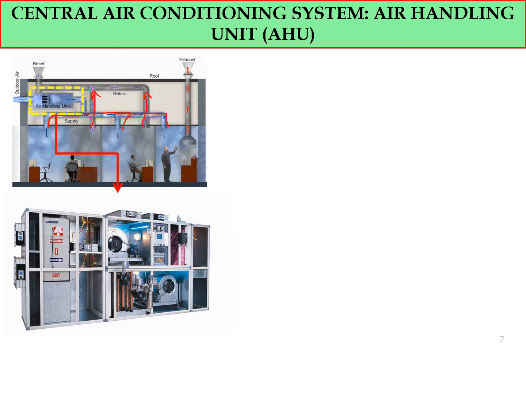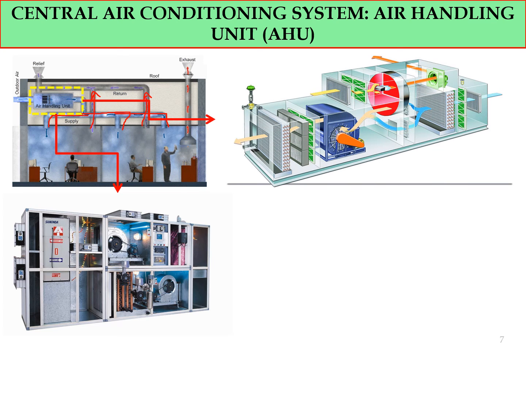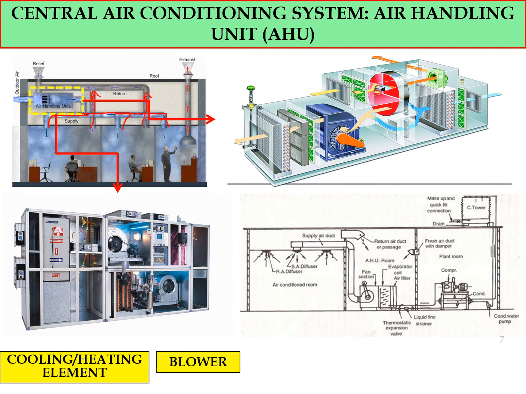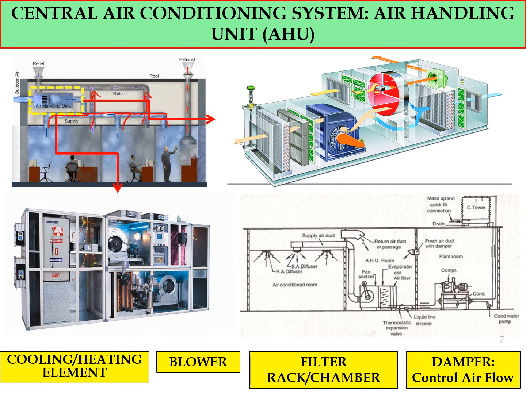And this is the AHU, also a simplified diagram of the AHU. In the AHU, normally we have a cooling or heating element, blower, filter rack or chamber, and also damper that controls airflow into the conditioned room.